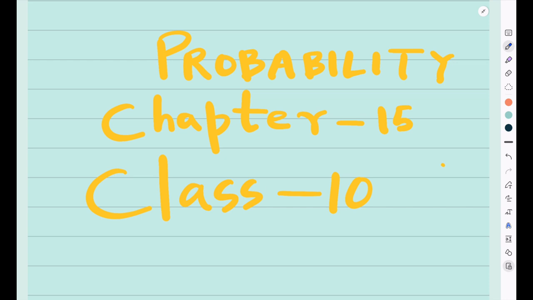But first of all, we will go through all the concepts which this chapter has, and then try to solve as many problems as possible given in the exercises, and maybe also in the examples of the book.